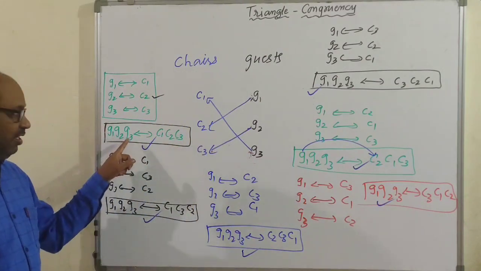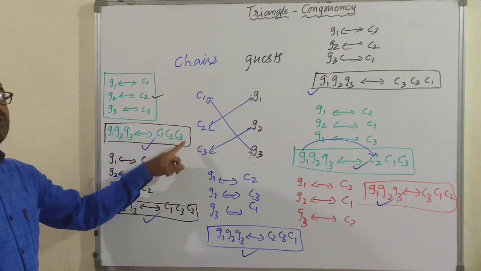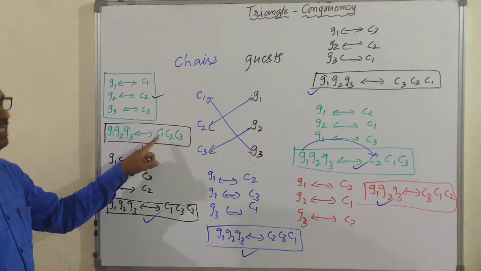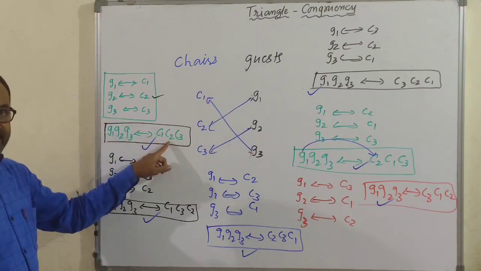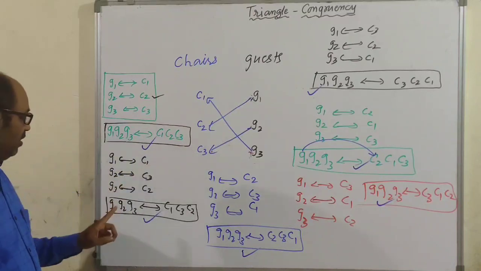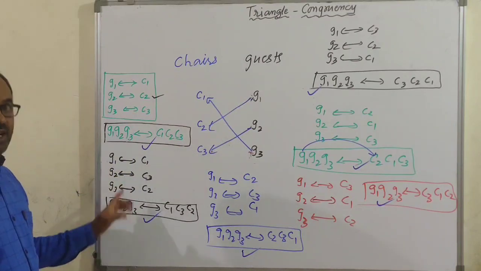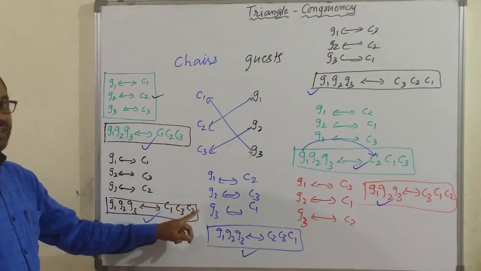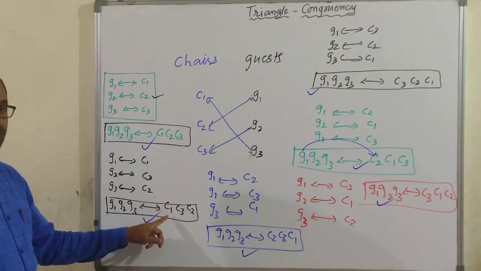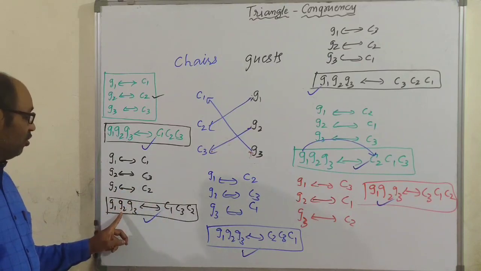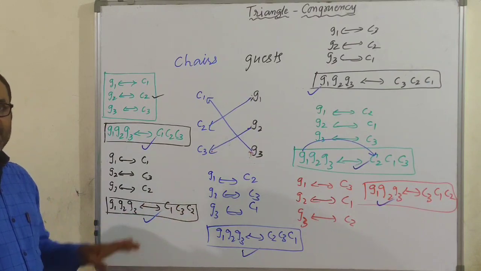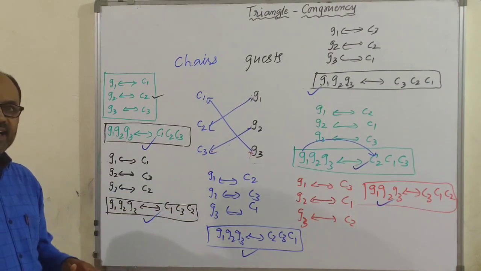G1, G2, G3 are connected to C1, C2, C3 in that order. G1 is associated with C1, G2 with C2, G3 with C3. G1, G2, G3 are connected to C1, C3, C2. G1 is on chair 1, G2 is sitting on chair 3 and G3 is sitting on chair 2. So how many possible ways are there? 6.